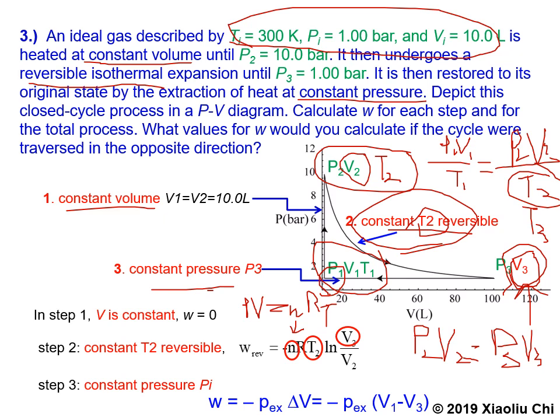So you have to use the ideal gas law, the combined gas law, and Boyle's law to find out the number of moles, T2, and V3. Now for the last step, constant pressure, you need V1 and V3. V1 is given, but V3 you already calculated, so use this. So here also calculated.